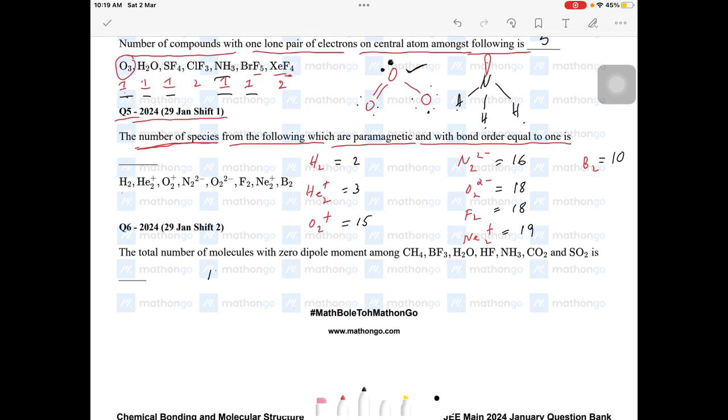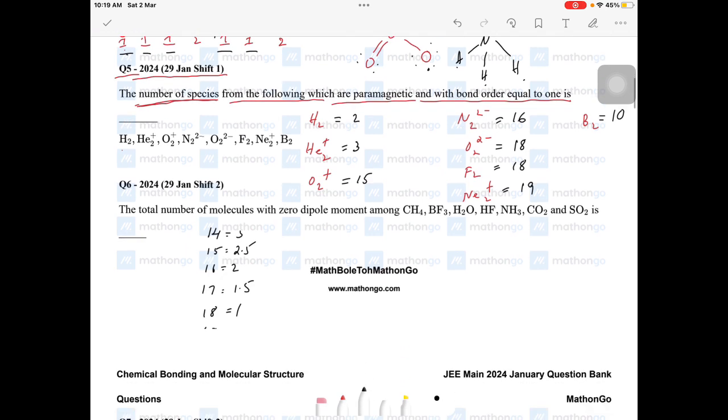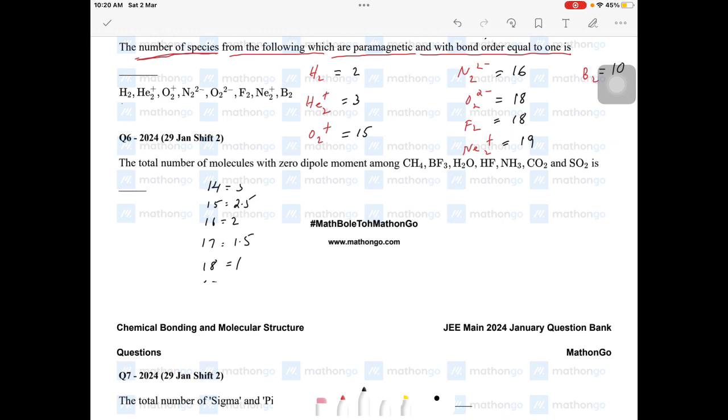If the total number of electrons is 14, the bond order is 3; 15 gives 2.5; 16 gives 2; 17 gives 1.5; 18 gives 1; 19 gives 0.5; 20 gives 0.